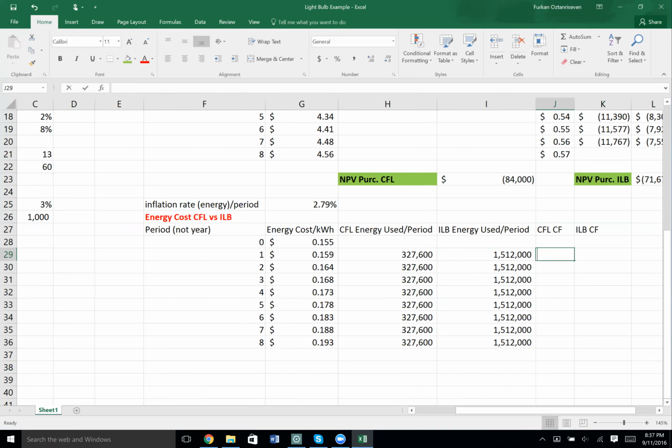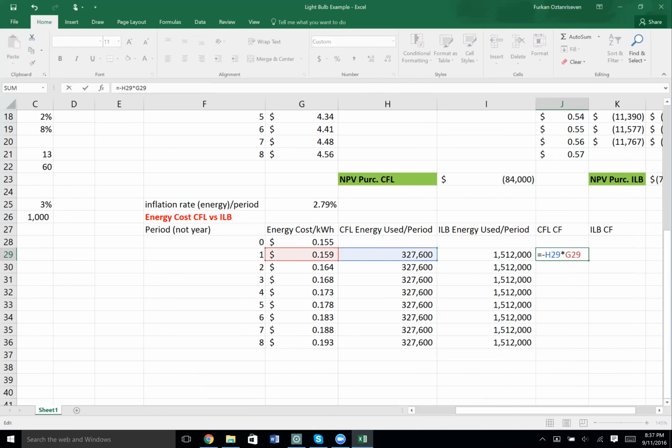So I know that for CFL, I will use this much energy per period times, I know the cost of energy will be this much, right? But this is my cash flow. So since this is cost, I will put a negative sign in front of it.